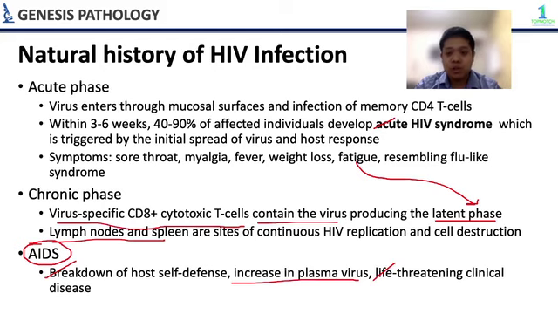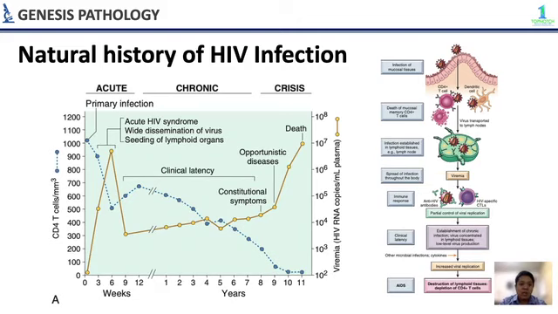So as we can see here, first, dun sa acute HIV syndrome, sobrang taas ng viral load niya. And then biglang bumababa ang CD4 T cells. Pero kapag, kunwari, di ba nga nagkaroon ng cytotoxic T cells specific to the virus, magpo-produce yung latent phase. So, bababa yung viral load, and then medyo steady yung CD4 T cells.